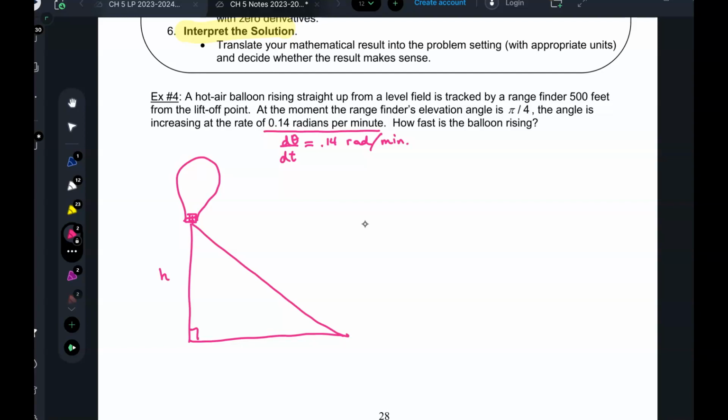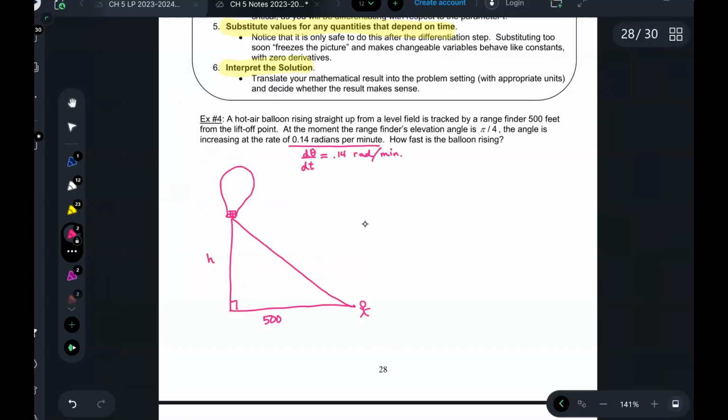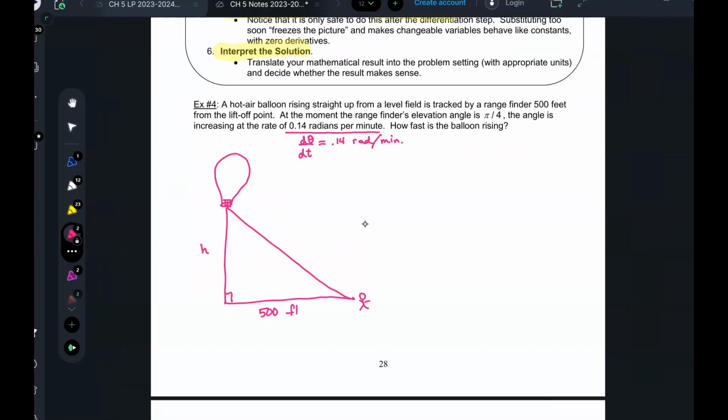It says it's tracked by a rangefinder that's 500 feet from the liftoff point. Which is going to be 500 feet, the hypotenuse or the bottom? The bottom. Here's our rangefinder down here, here's our person. It wouldn't be a hypotenuse, it would just be a leg.